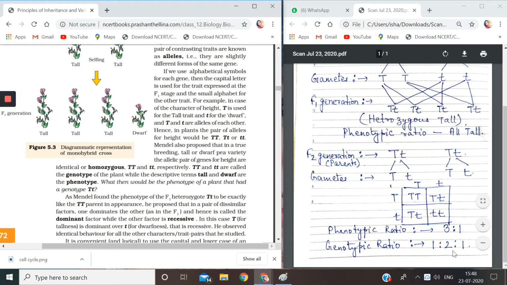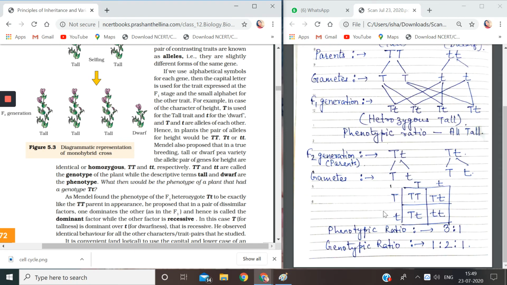So I wrote 2 for these two plants. And the last one contains only two small t's, so I gave 1 for this plant. So my genotypic ratio is 1 homozygous tall, 2 heterozygous tall, and 1 homozygous dwarf. This is how you will write a monohybrid cross.